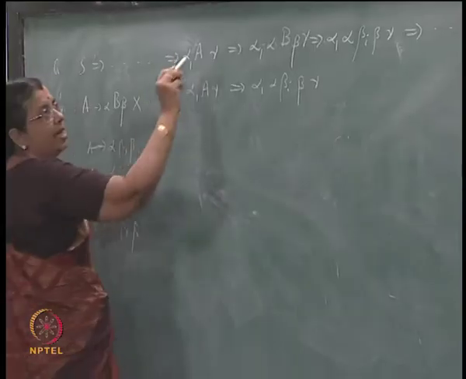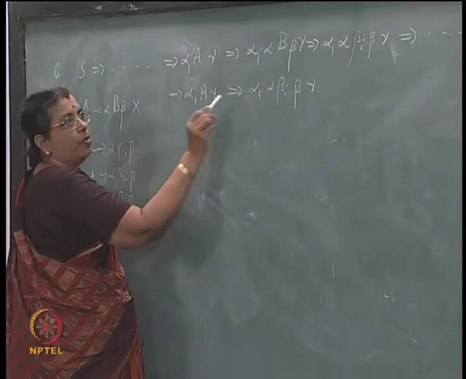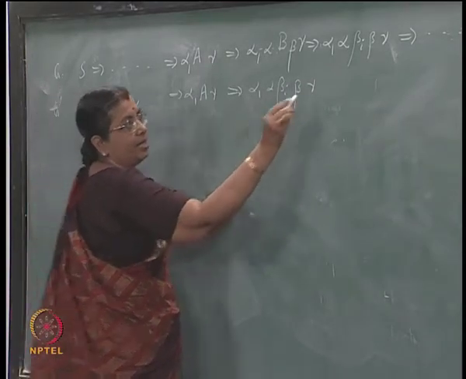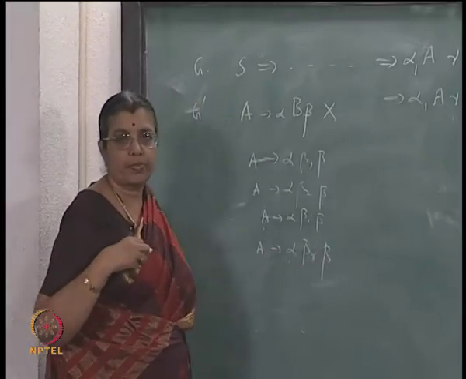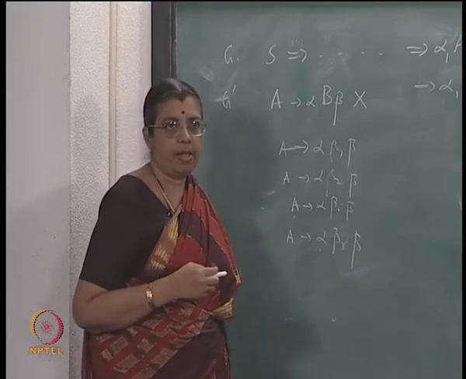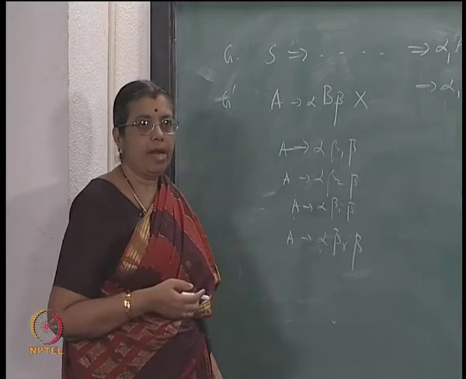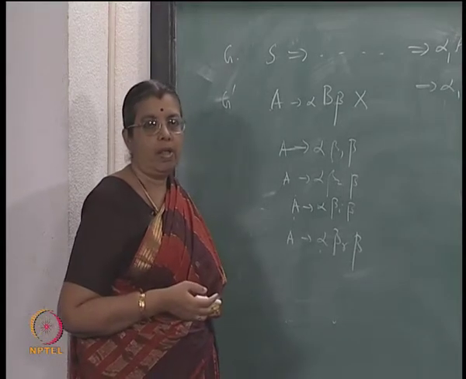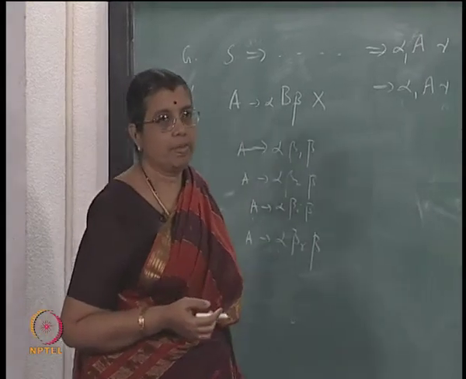So, instead of getting it in two steps like this, straight away you apply the rule A goes to alpha beta i beta and get this. Then the derivation will proceed as before. So, the effect is the same, and the language generated will not be affected. This is when you want to get rid of a particular rule for some reason.